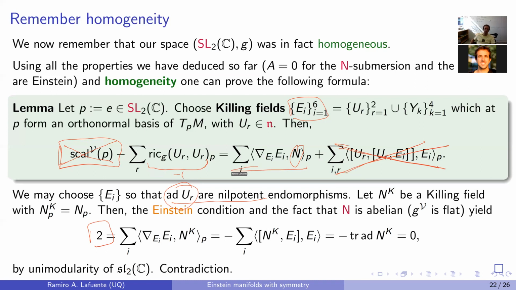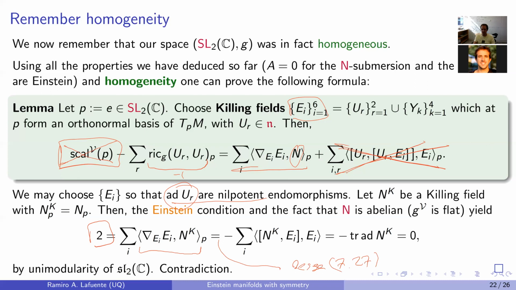And this sum turns out to be a trace, because when you have an expression like this, where all three vector fields are Killing fields, then one can look at the book of Besse, where there is a formula, I think it's 7.27, for computing the Levi-Civita connection on Killing fields, sorry.